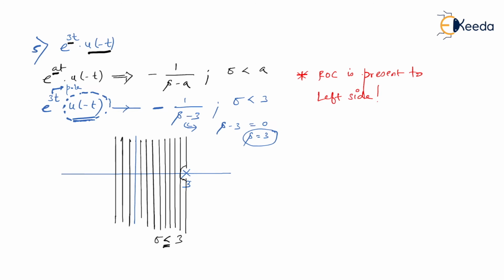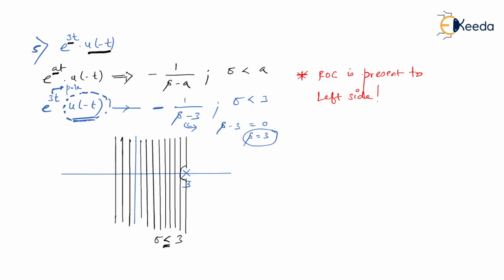Am I right? Secondly, you know that whenever a function is multiplied with u of t, then the given function graphically becomes a right-handed function. The function which is 0 for t less than 0 is known to be a causal function. Am I right? Now, whenever a function gets multiplied with u of -t, the function becomes a left-handed function. I repeat, whenever a function is multiplied with u of -t instead of u of t, then the function becomes a purely left-handed function.